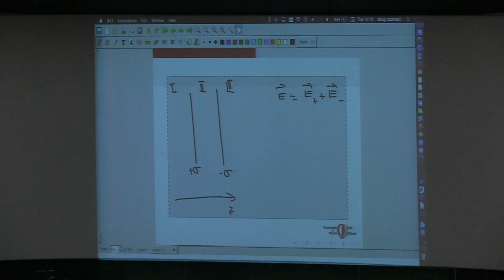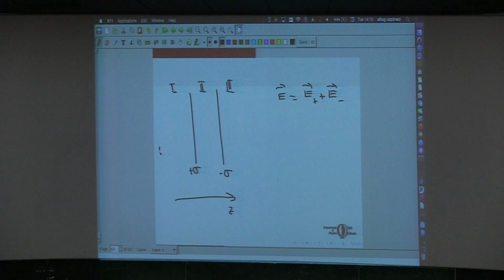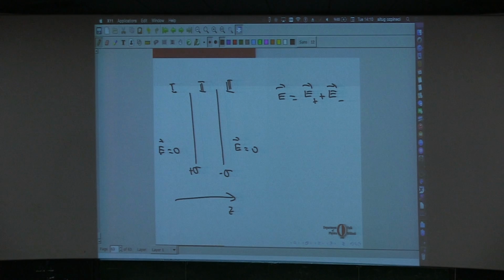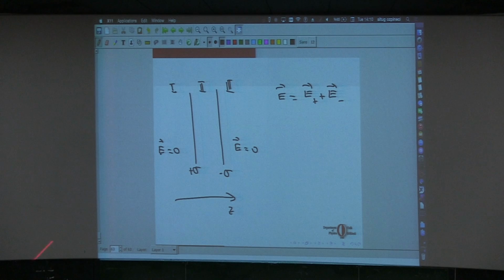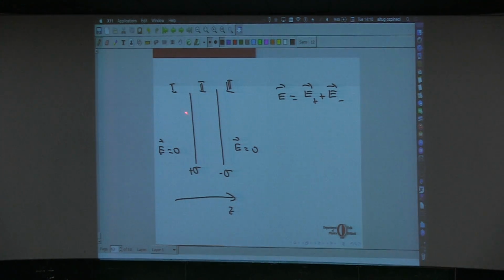So let's see, if you sum up the electric fields, in this region we found that the electric field is 0. In this region, we found that the electric field is again 0. That's basically because the electric field of an infinite plane is not affected by the distance. So although if I choose some point over here, it is closer to the negative charge than the positive charge, since distance doesn't have any effect on the electric field created by an infinite planar charge distribution, it doesn't have any effect.